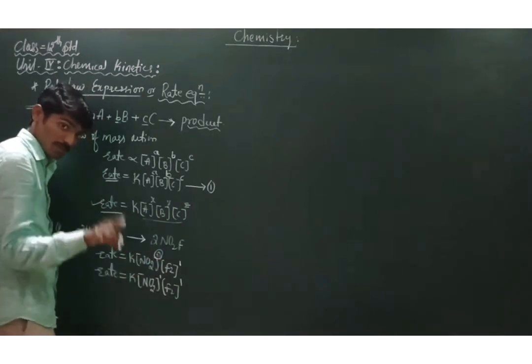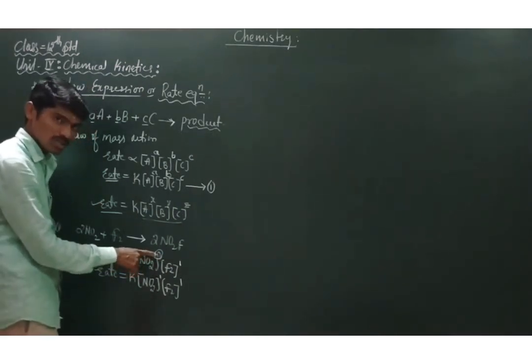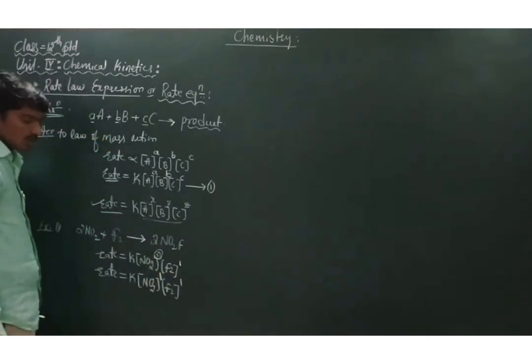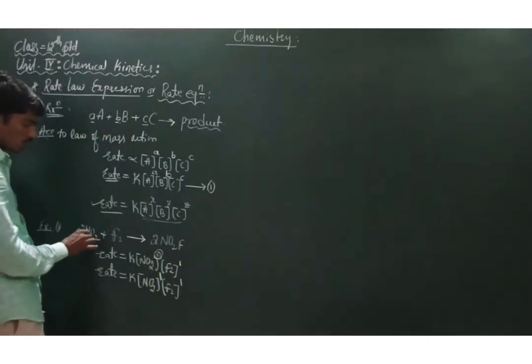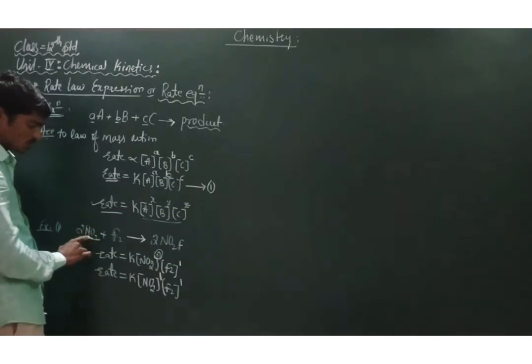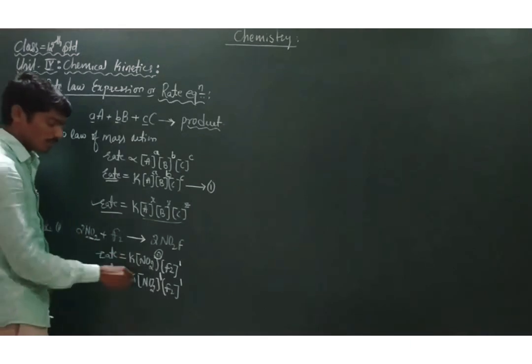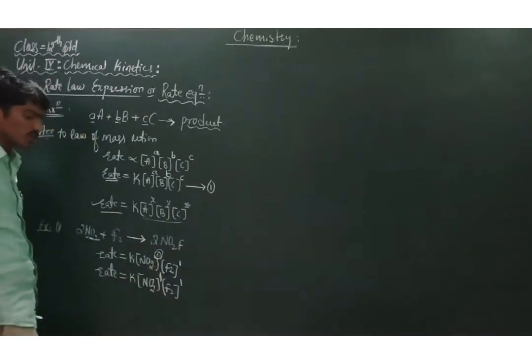But according to the experiments, its value is not 2 but 1. That means it depends only on NO2 concentration to the first power, not the second power. The equation suggests a second power, but the experiment shows that its power is 1.